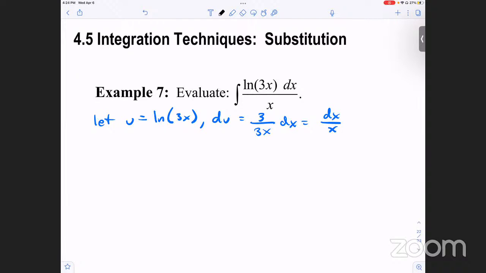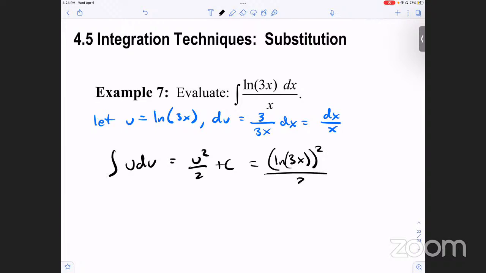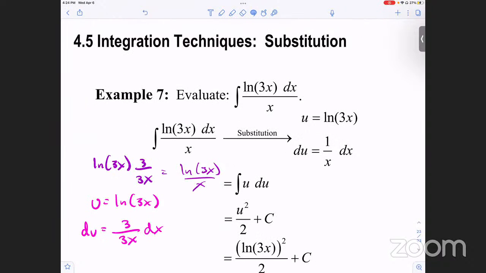I said our u was natural log of 3x. U du. You get u squared over 2 plus some constant, and then you substitute back. So then you get the natural log of 3x squared over 2 plus some constant. Okay.